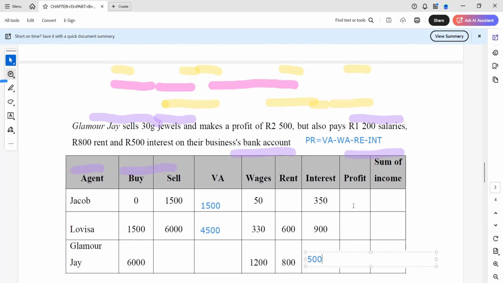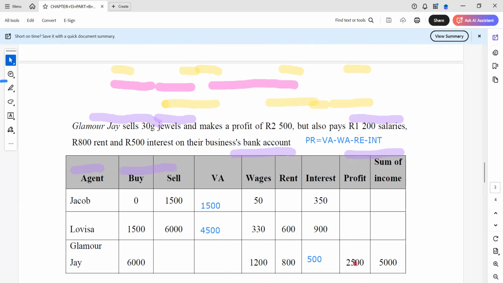So now to get the profit, we would have said this value added here, minus the wages, minus the rent, minus the interest, we get the profit. But now we're given the profit, so how are we going to get the value added? Yeah, you got it right. Because we're subtracting when we're going this side, now because we're going backward, we're going to add.